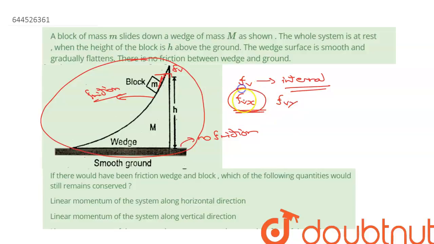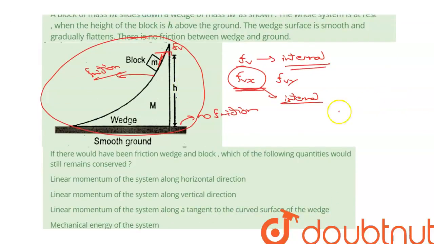So along the x-axis, the only force that is acting is this frictional force, and that too is internal, and there is no other external force acting along the x-axis, that means along the horizontal.